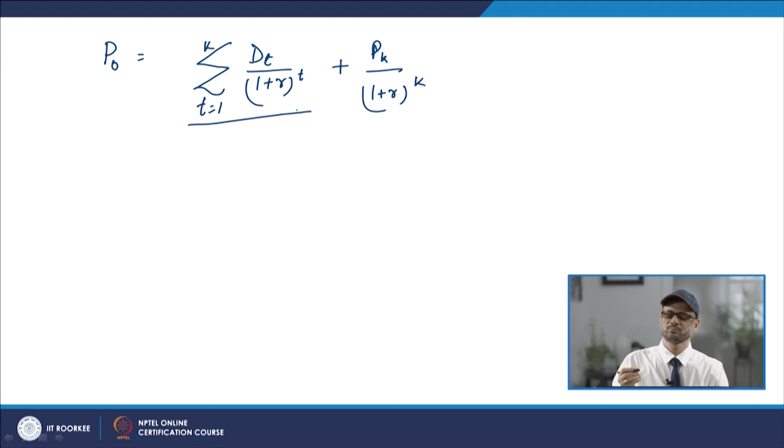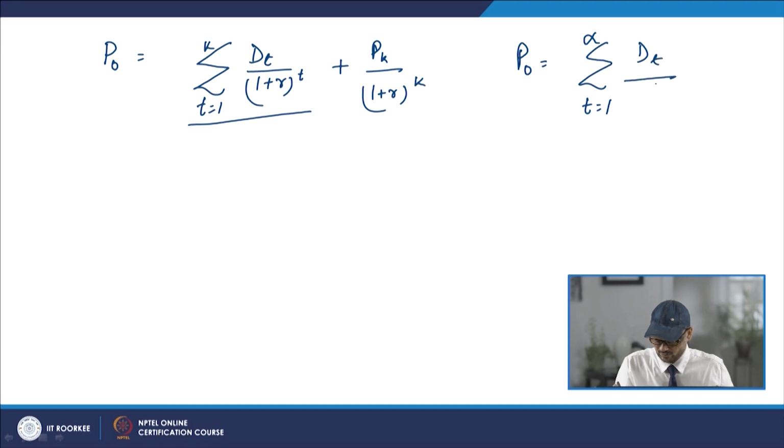So we can write that P naught will be the summation from t equal to 1 to infinity of dt upon 1 plus r raised to the power t, since this term vanishes.